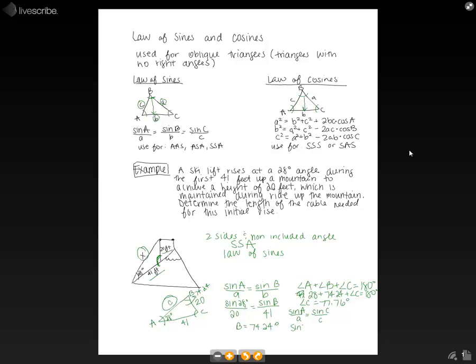So we get sine of 77.76 over c equal to sine of 28 over 20, and we find that our value of c is equal to 41.63 feet. So this original value of x that we were looking for is 41.63.